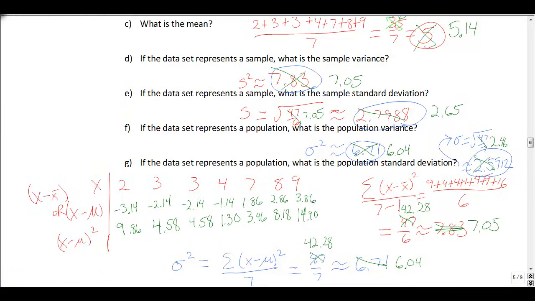So I've already messed this up twice here, so this should be 46.86.